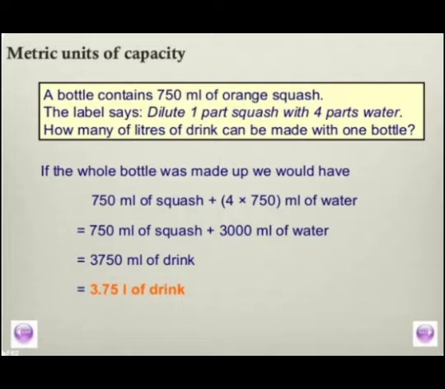To convert into liters, divide by 1,000, so the answer is 3.75 liters of drink made with 1 bottle.